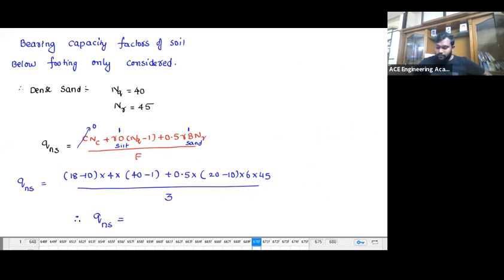Find out the net safe bearing capacity, which comes to 866 kilopascals. That is the net safe bearing capacity.